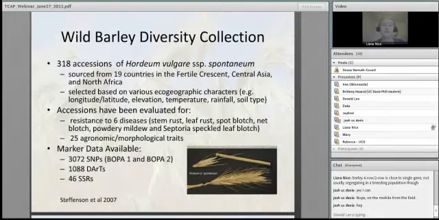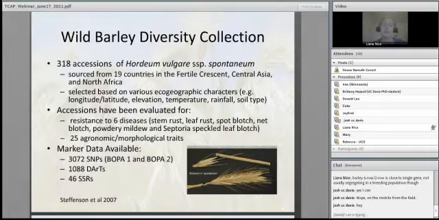So, one more thing of background. The wild barley diversity collection is what I've been using to select my parents. There's a population housed at the University of Minnesota with 318 accessions of spontaneum.